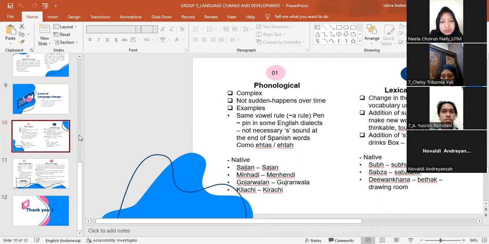Lexical change. Change in the words and vocabulary is the addition of subsets or specifics to make new words: breakable, thinkable, touchable, and etc. Addition of s and es: drinks and box.